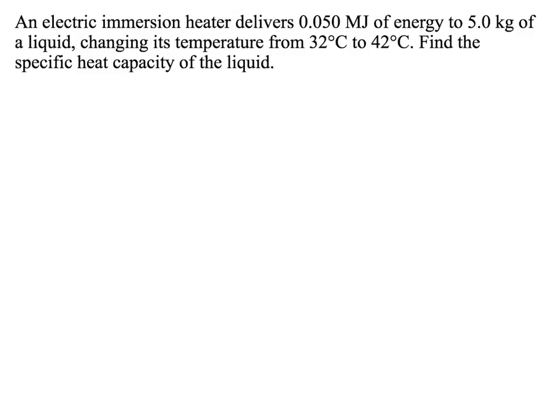Okay, this one is asking for the specific heat capacity. So we are looking for C in this question. We know M is 5.0 kilograms. We know Q is 0.50 megajoules, and we need to convert that to joules.